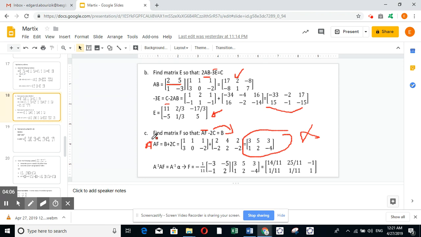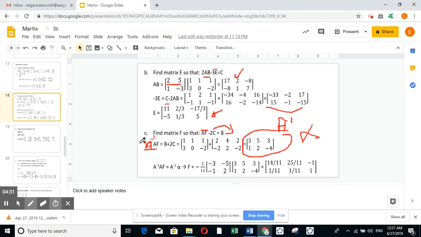Because I have put it to the left, in the answer that I have, which is alpha, I must put the inverse to the left. I cannot put it to the right. You know, AB is not BA in matrices. Because I need to find F, I must get rid of A by multiplying by A inverse, because A inverse times A is the identity matrix, which is nothing else than 1, so nothing will change.